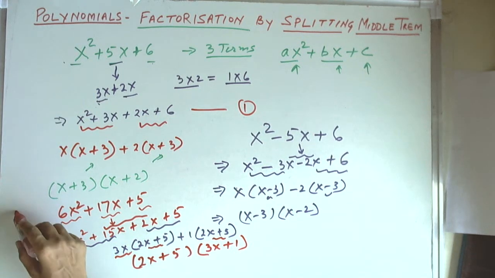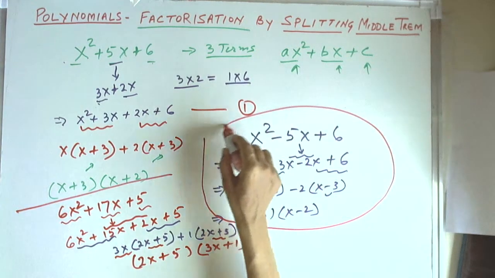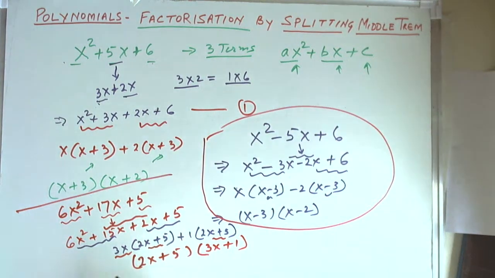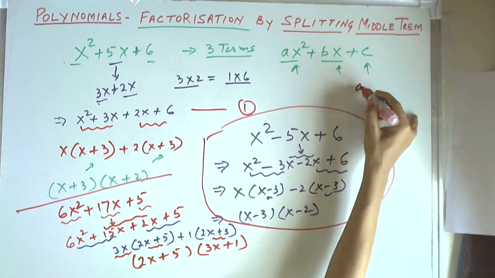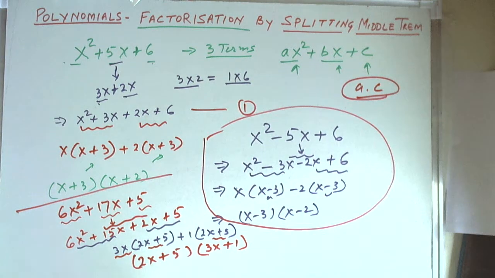So we have seen 3 examples, and basically we split the middle term such that the addition leads to the middle term, and the product of the coefficients is equal to AC, A into C. That is what we have to aim at, and that is the way we split.